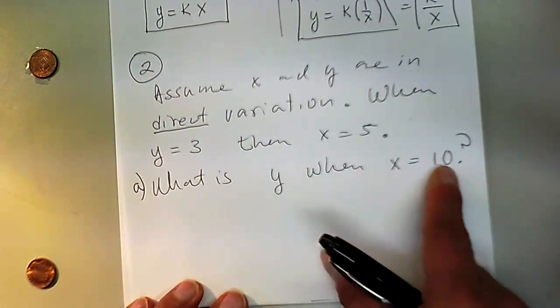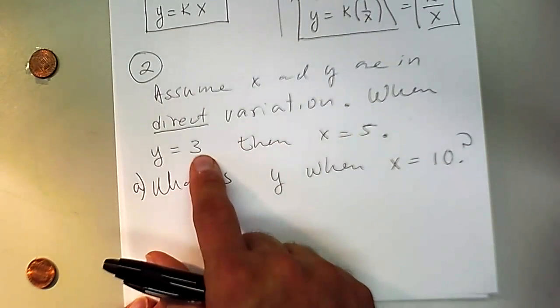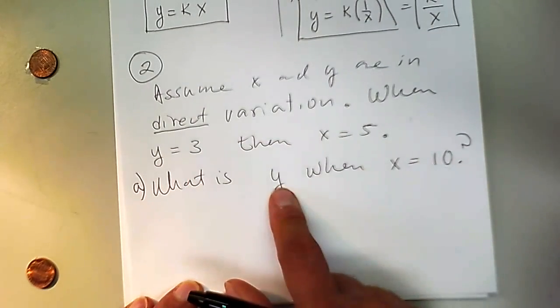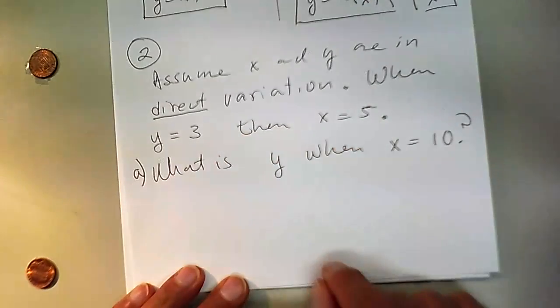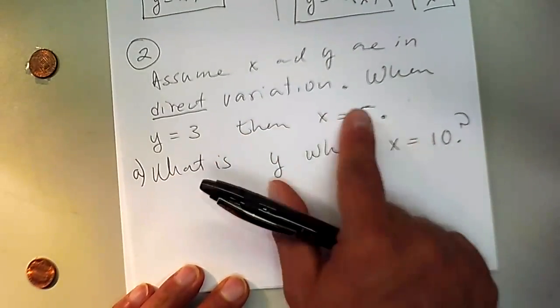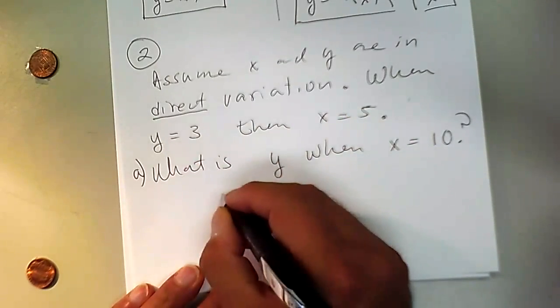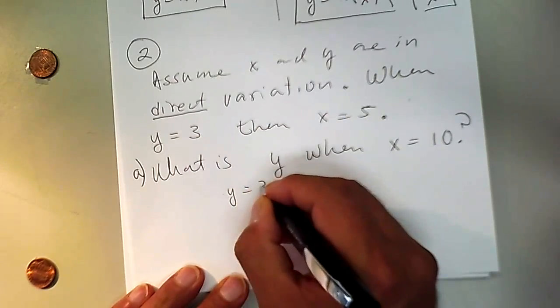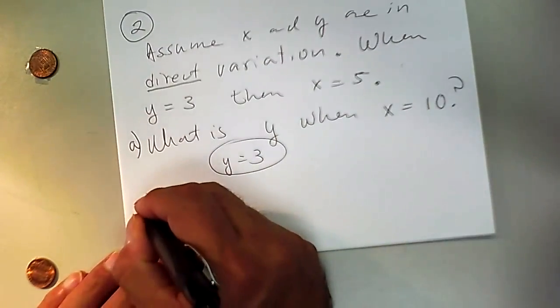So if this doubles, that means the y has to double. When x is 5, the y is 3. So that means that when x is 10, y has to be 6. We don't even have to set up an equation, we can simply say, oh, that's double, so that has to double as well. That's actually an easy problem.